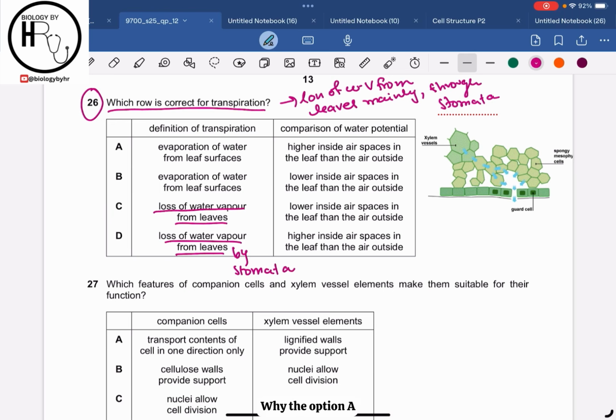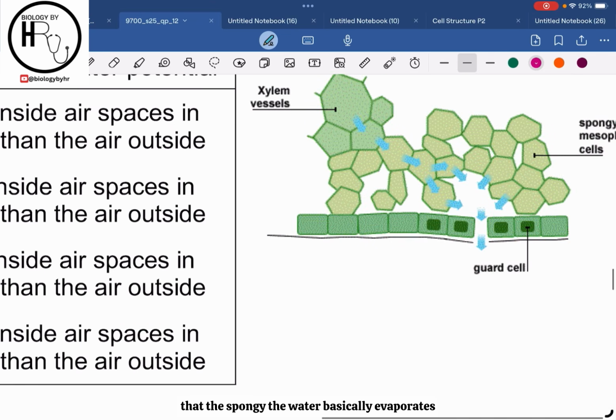Why are options A and B not being considered? The evaporation of water from the leaf surfaces. So basically evaporation is not the correct term over here, because we know that the water evaporates from the spongy mesophyll cells into these air spaces. These are the air spaces.